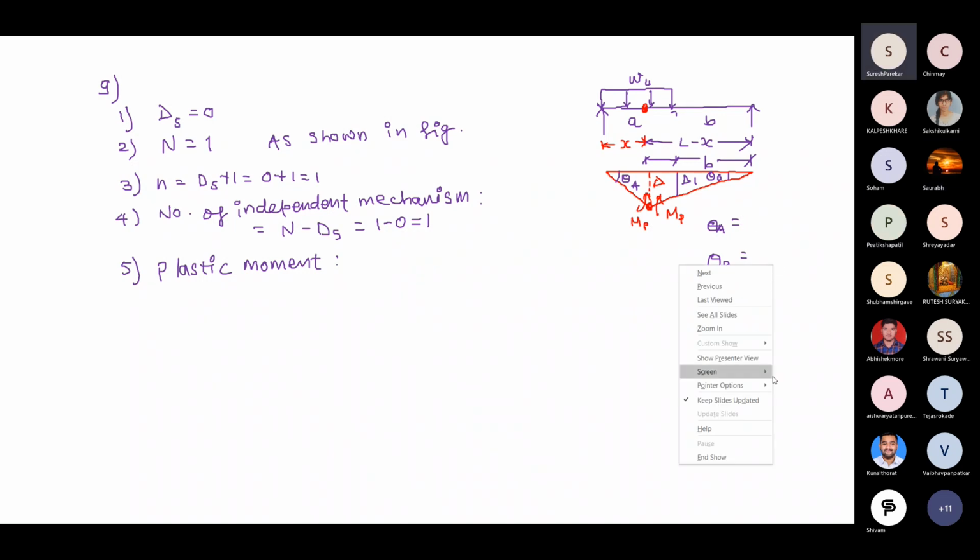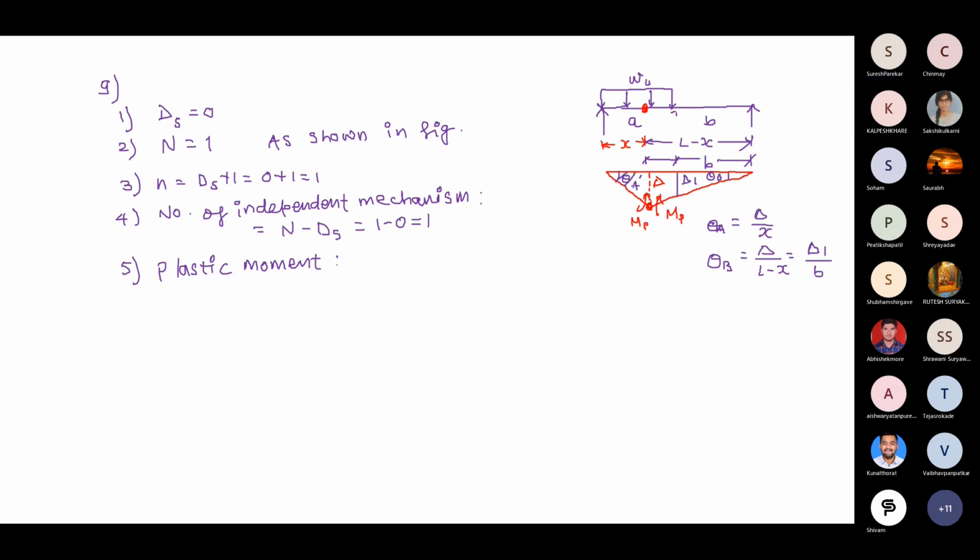This is the major part that will go lengthy in calculations. And this will be delta upon L minus x, and here if I write, equal to delta 1 upon b.